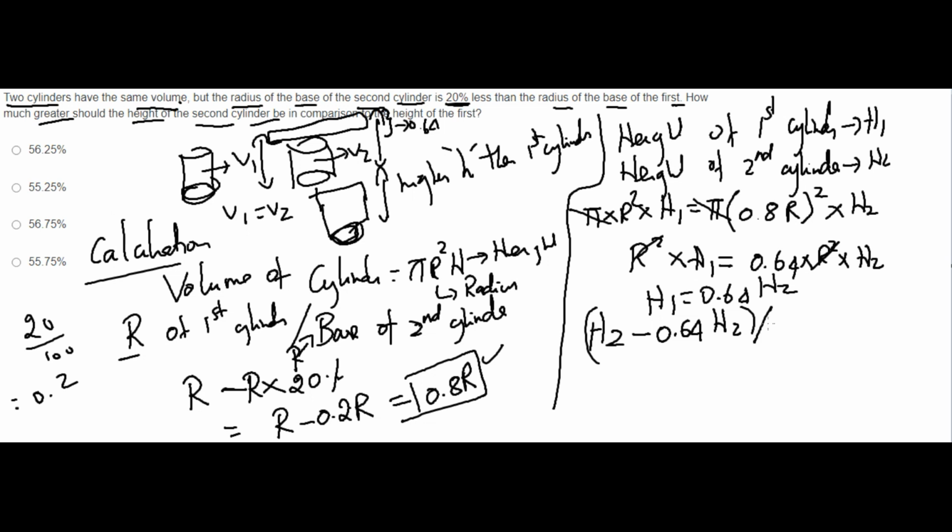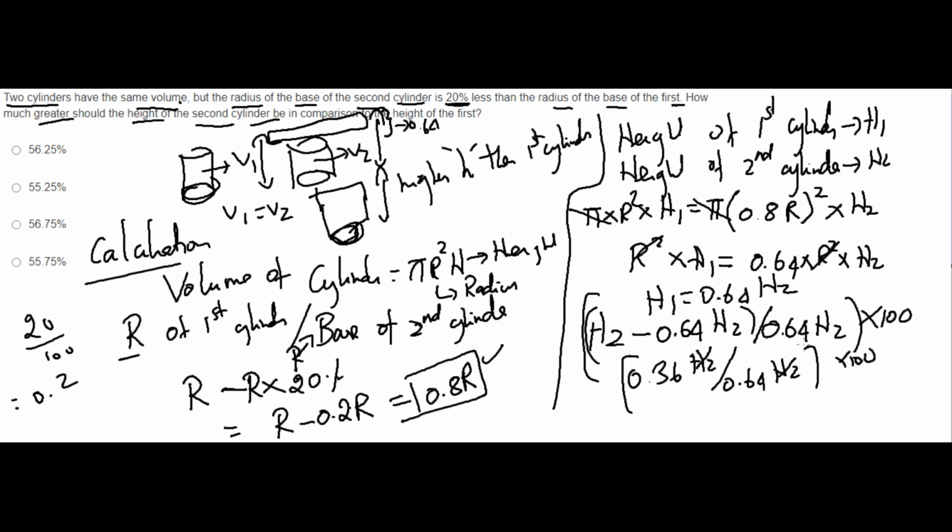So the simple way: take the second cylinder's 0.64 h2 as the base, and multiply the total by 100 for the percentage. So you have h2 minus 0.64 h2, divided by 0.64 h2. You can cancel h2, and then it will be into 100. So what is 0.36 by 0.64? That is 36 by 64. Dividing both by 4, 36 by 4 is 9 and 64 by 4 is 16.